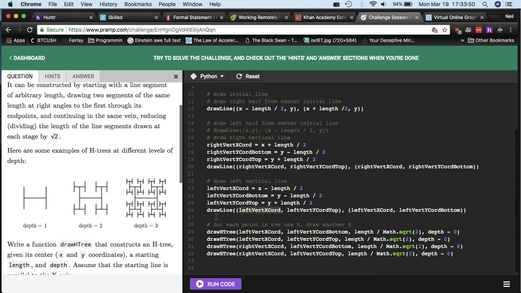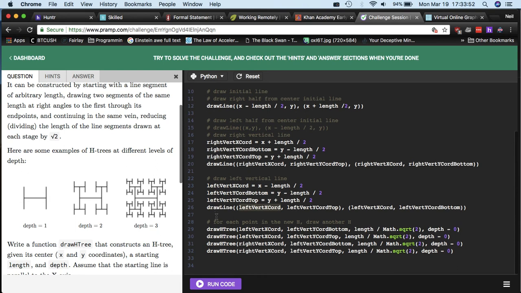drawing those. So now you just want to do a recursive call. So it's just called draw H tree again, but then you have to rename your variables for each of the points. So your starting points are going to be here, here, here, and here. And those are right there. So these two, the left y bottom coordinate and the right vert. So this one refers to that one, and then this recursive call will refer to this one.